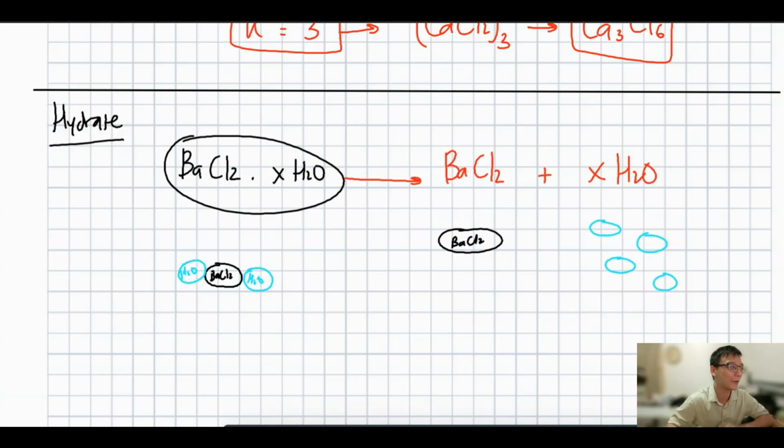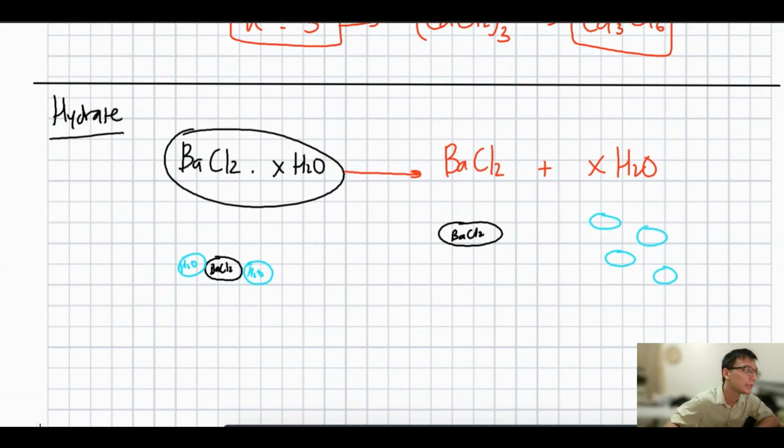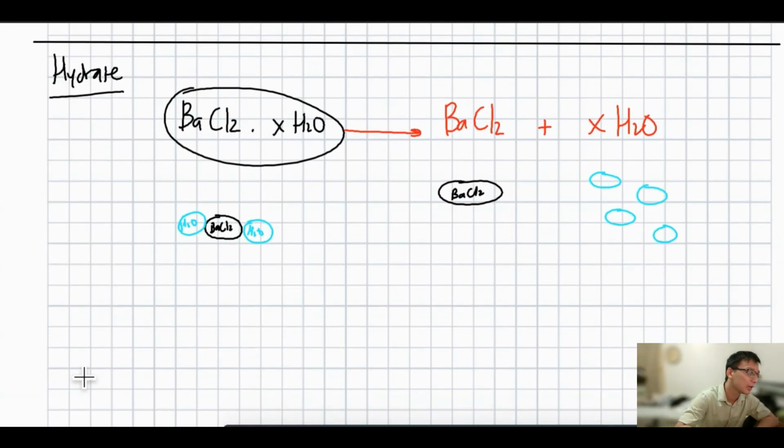So, what are typical questions of this? Let's say that the question says initially we have a 2.34 gram sample of hydrated barium chloride. It means that it already binds with H2O, but I don't know how many H2O molecules exactly are in there. It says that after heating, the mass becomes only 2 gram.